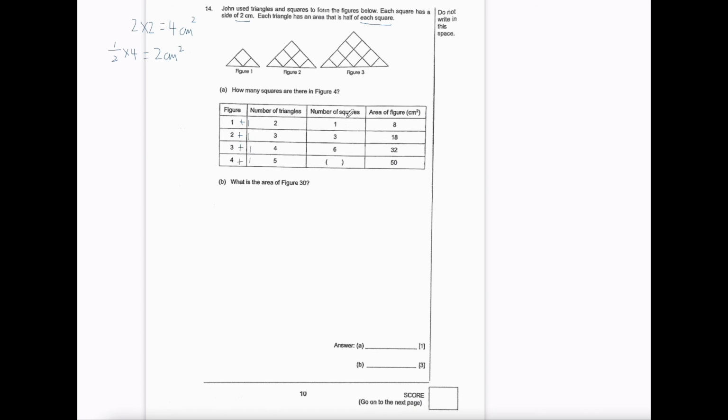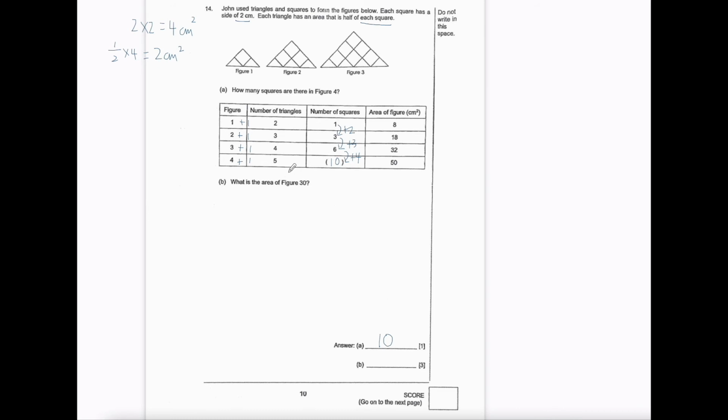So the number of squares is 1, then 1 plus 2, then 1 plus 2 plus 3. And from here it's plus 4. 6 plus 4 is 10. So there are 10 squares in figure 4.